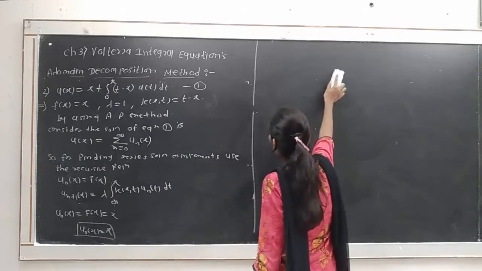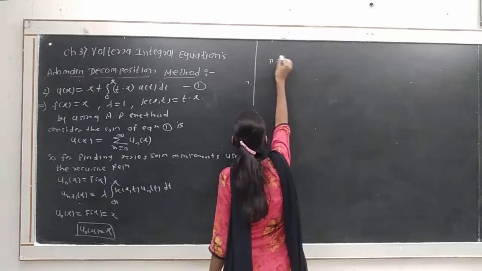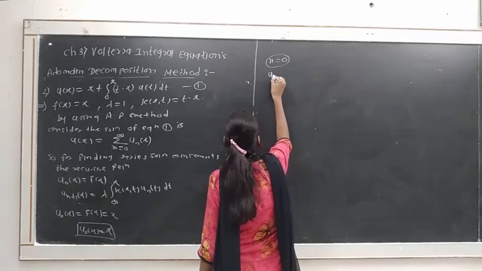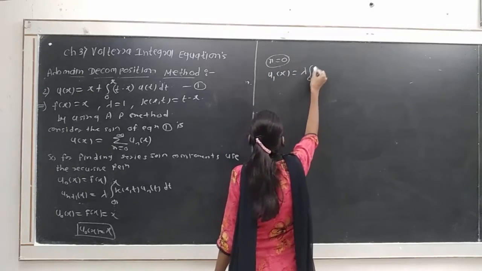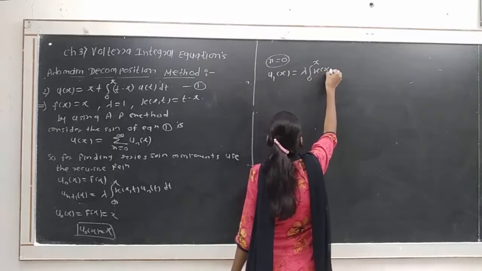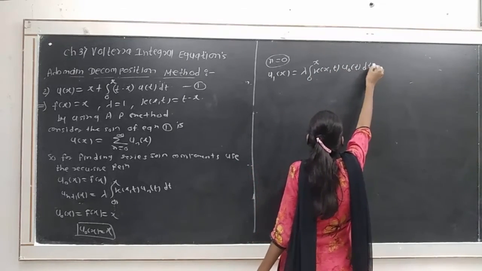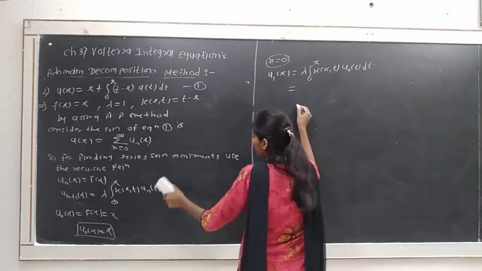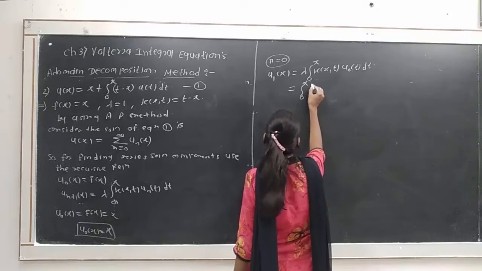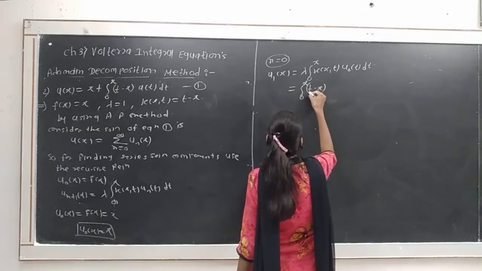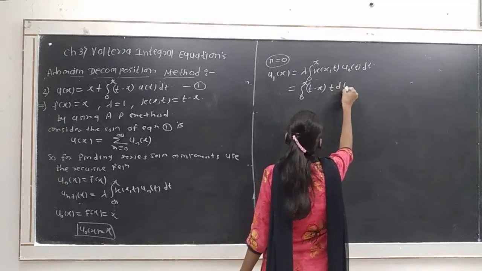For n equal to 0, we get u1(x) equal to lambda integration from 0 to x of k(x,t) u0(t) dt. Lambda for this equation is 1. So integration from 0 to x, k(x,t) will be t minus x, into u0(t). u0(x) is x, so u0(t) will be t, into dt.